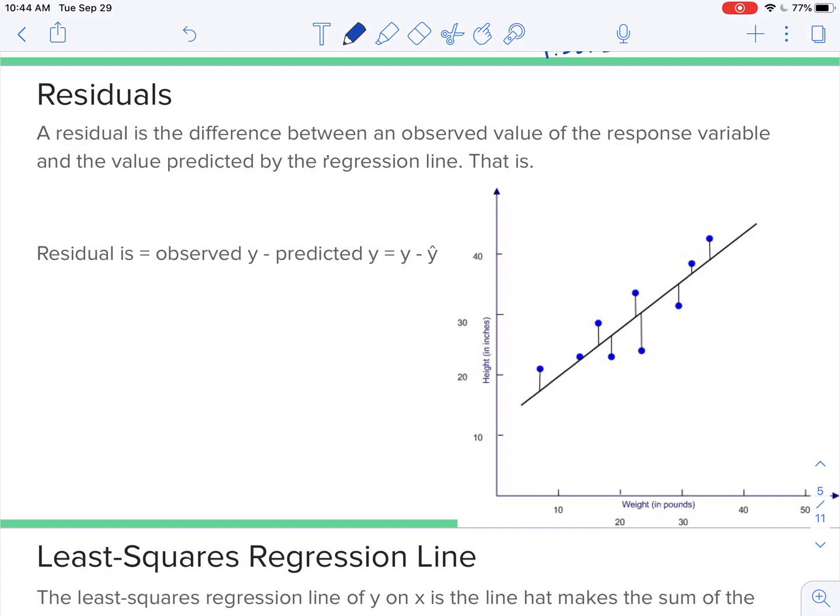So these lengths that occur between the regression line and the actual y value, that's the residual. And we report the residual in terms of what the y value is, because we're talking about the difference in the y value. So here, our residual would be measured in inches, the difference in inches from the actual value to the predicted value.